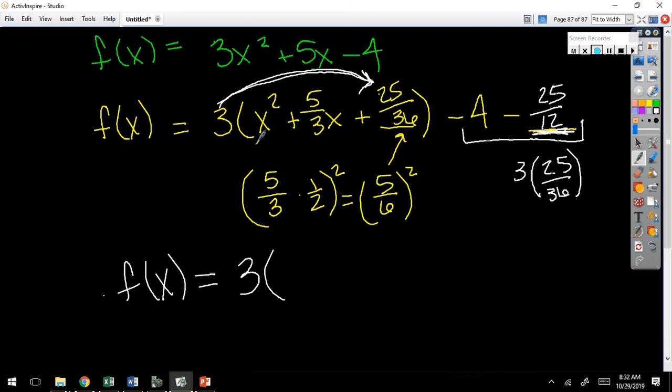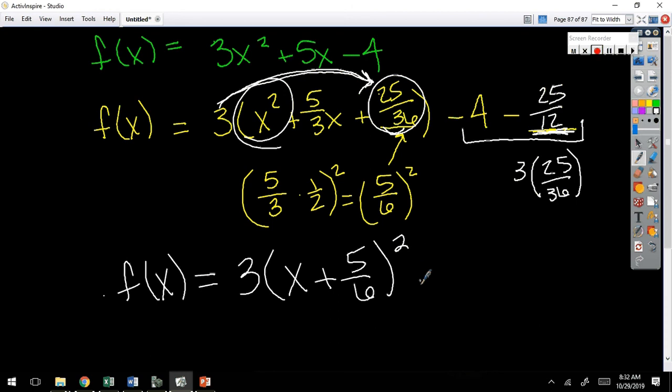Because I can factor this easily, right? Square root of x squared is x, the first sign. The square root of this is 5/6. What do you get? Yuck, what a number, right?